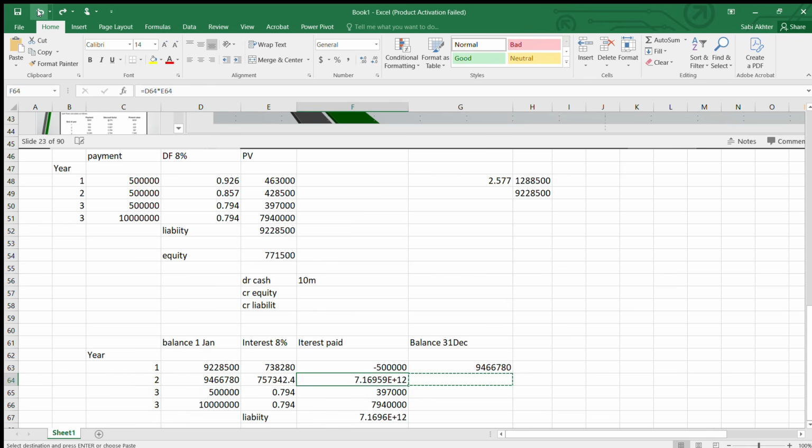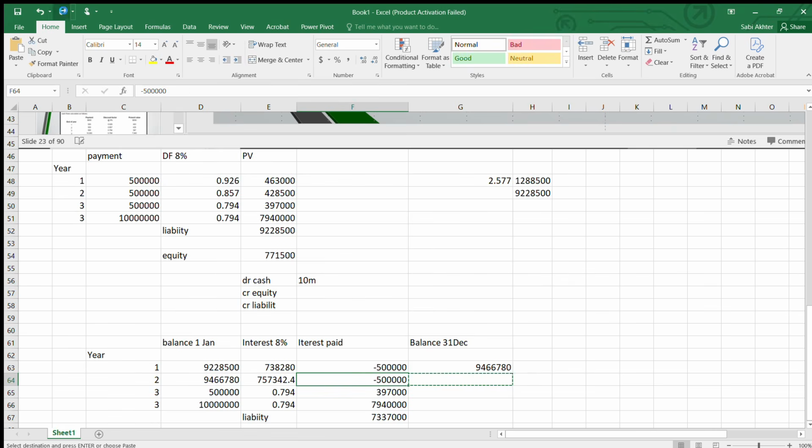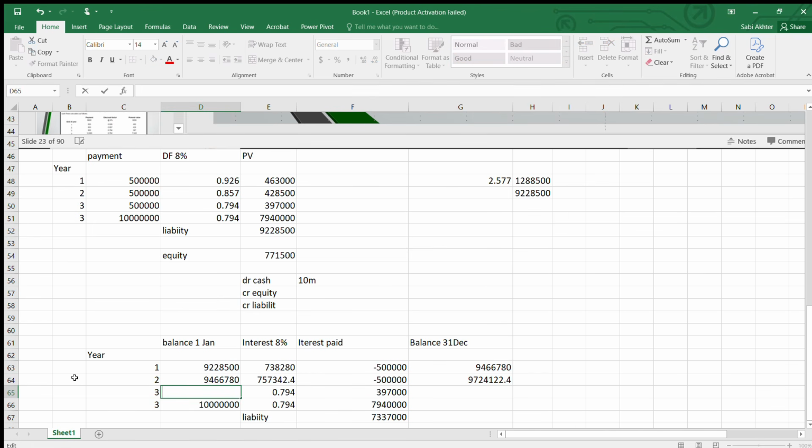Okay. So if you take exact number, let's go by the exact figure without dropping down the decimal.